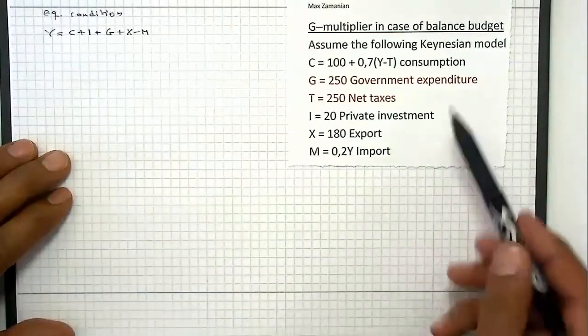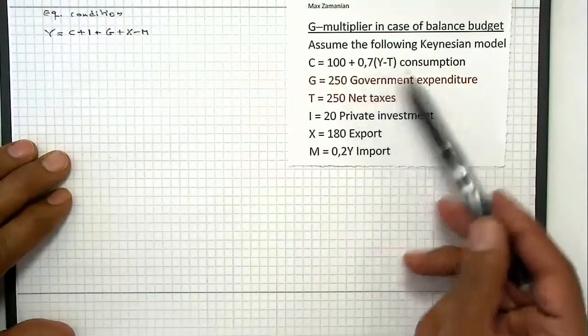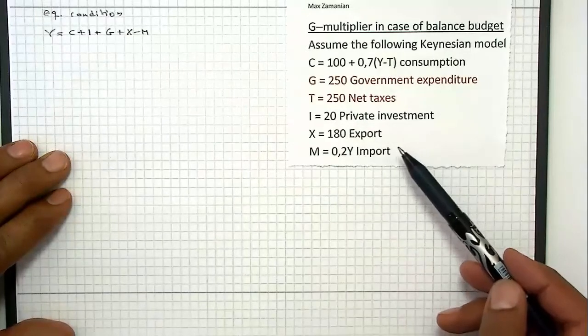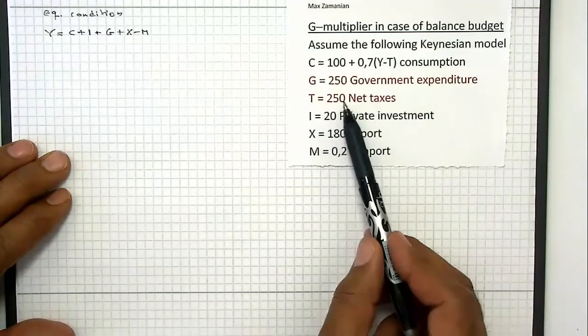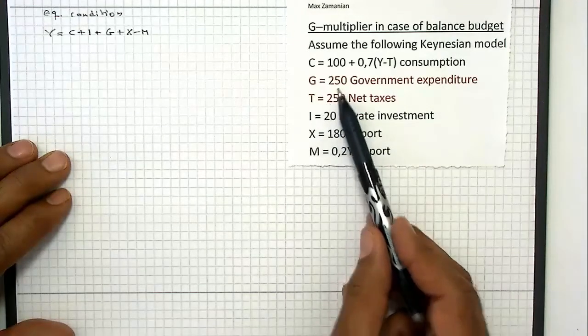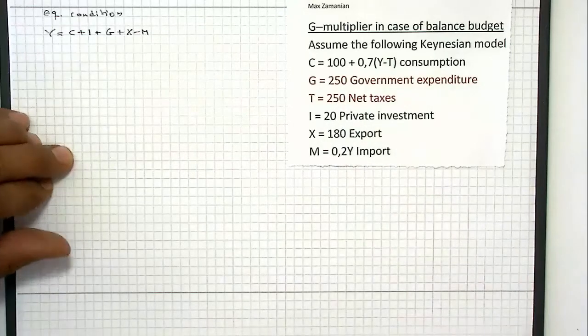And in this setup we use a different consumption function and import function. Your tax is not a function, it's fixed, equal to government expenditure.